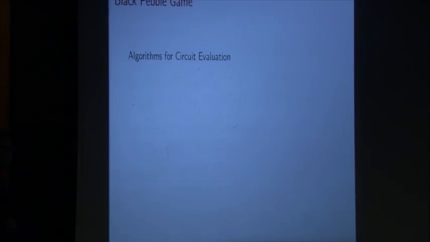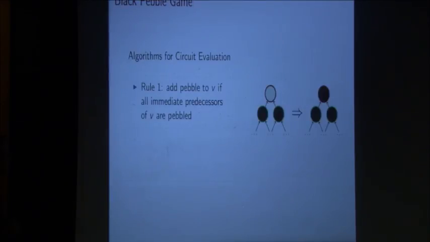So it has two rules. First, you start with a fixed directed acyclic graph, and there's no pebble on it. And then you repeatedly apply one of the two rules to add pebbles or remove pebbles from the nodes. Every node can take at most one pebble. Okay. The first rule is that you can add a pebble to a node v, which is the red node here.